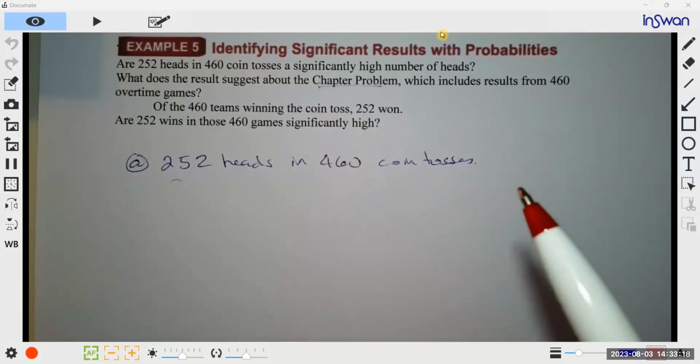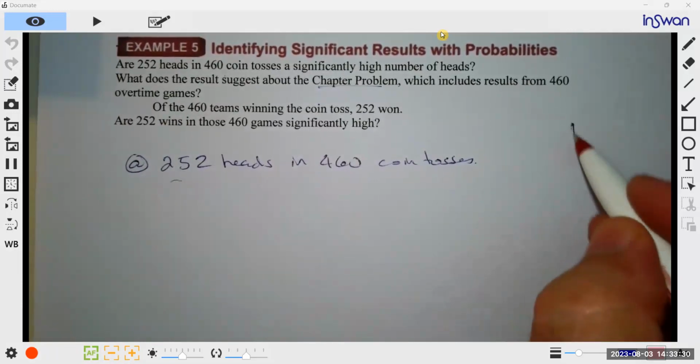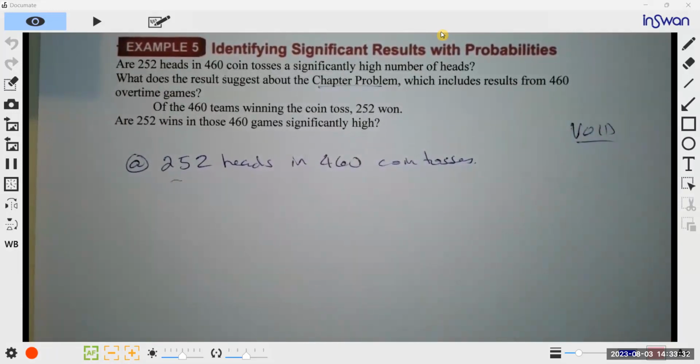That's above 50%, but not significantly high. Yeah, we have to create the chart. I forgot the chart. I'm sorry. Let's just void this one out. I forgot the rest of that chart information on there. Oh well.